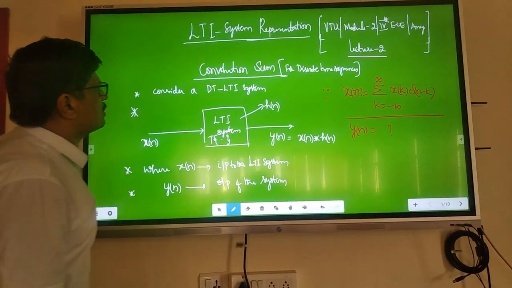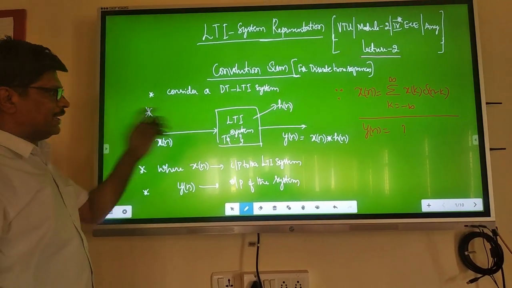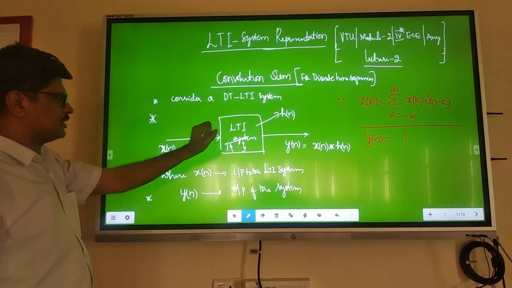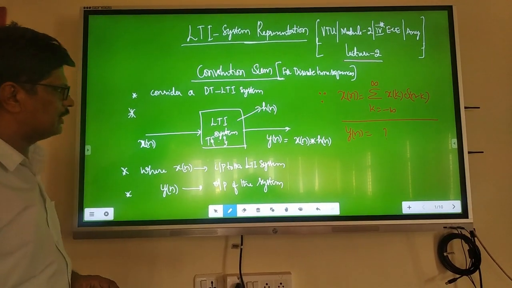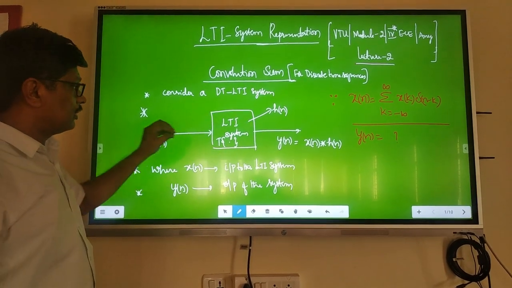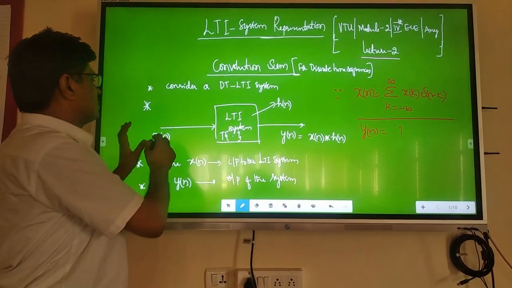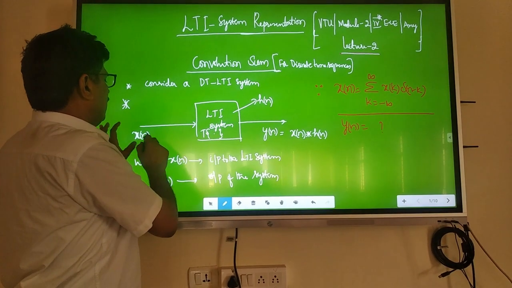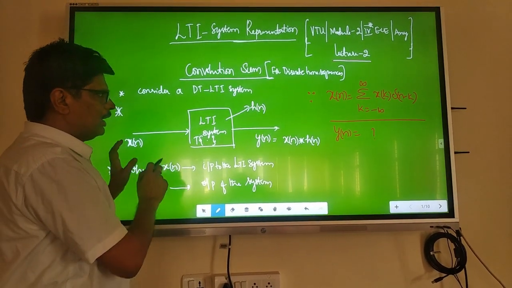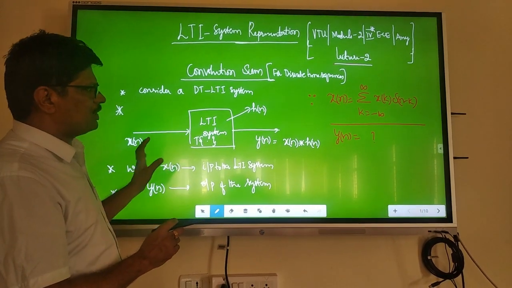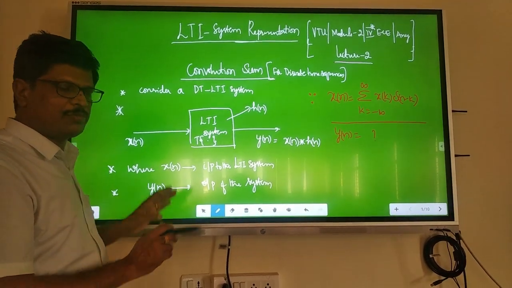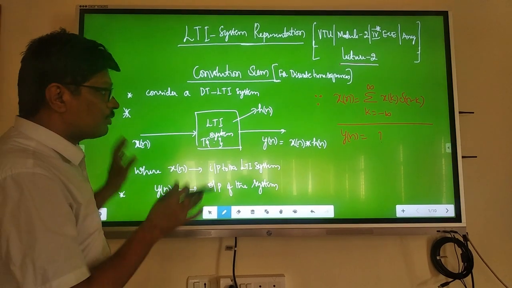In the previous sessions, we discussed LTI systems, and how to represent the input x of n and output y of n in time domain, in terms of shifted impulses.